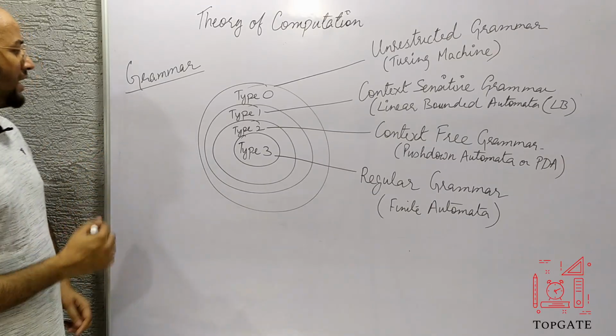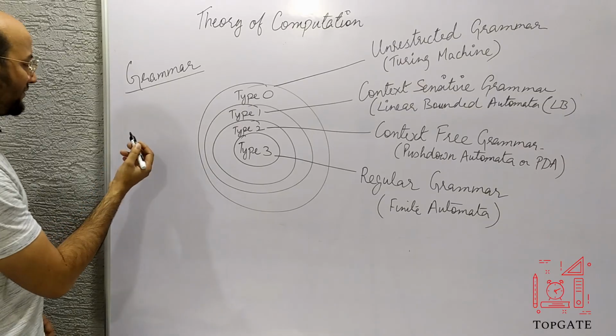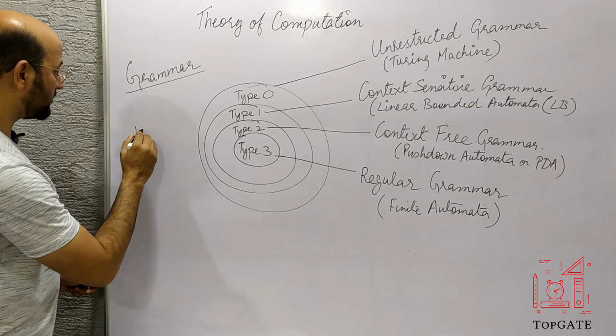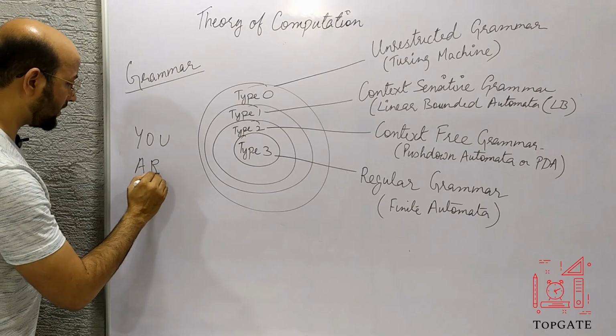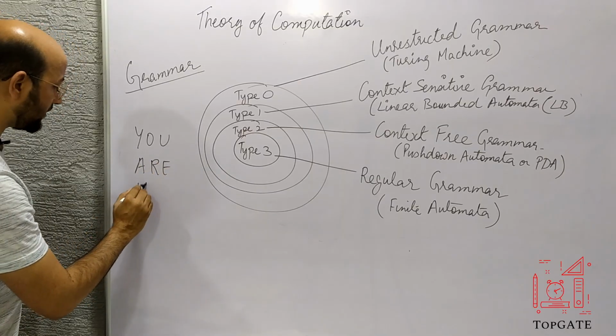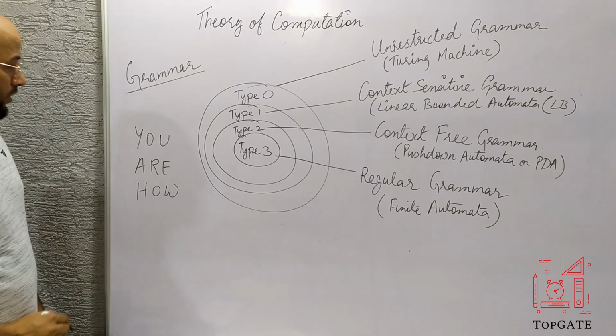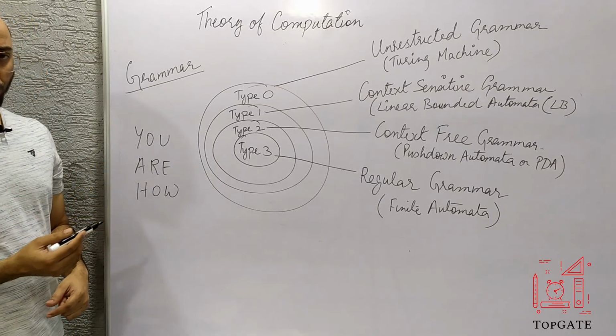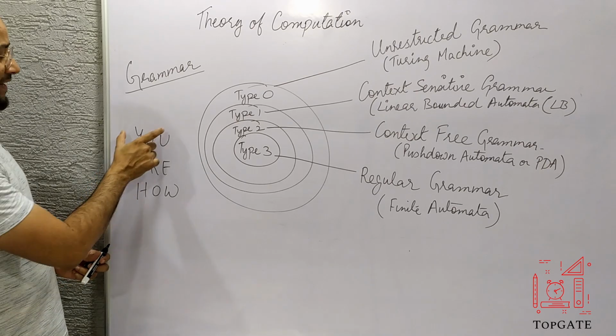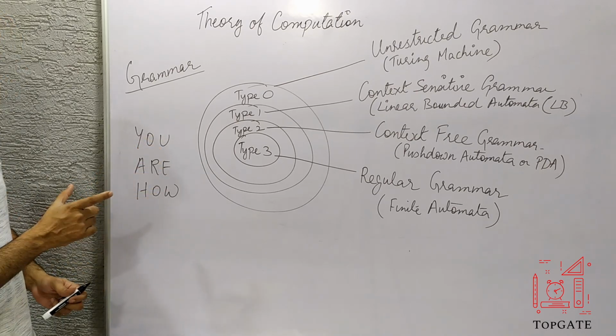Suppose I give you certain words. I give you, suppose, U, ARE, and then HOW. So I give you three words and I ask you with which language these words belong to. So what you will do, you will go to the finite memory. That is, finite memory in this case is a dictionary.